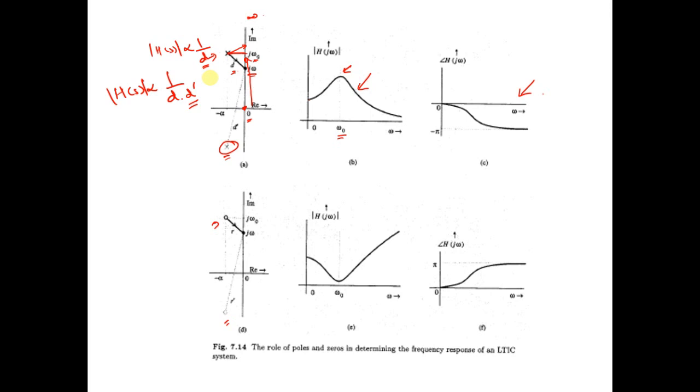Hence, when we try to find out the filter response, we usually negate the effect of the conjugate pole or the zeros that we place into the system.